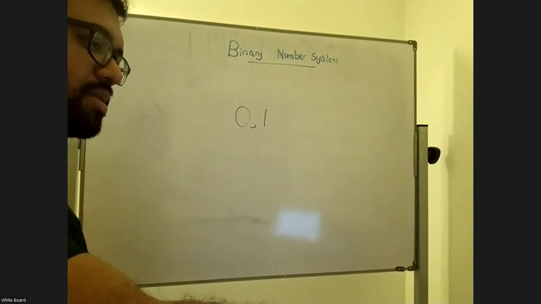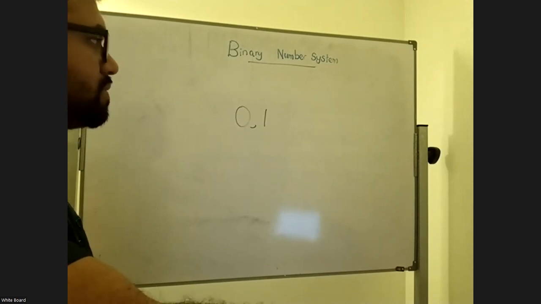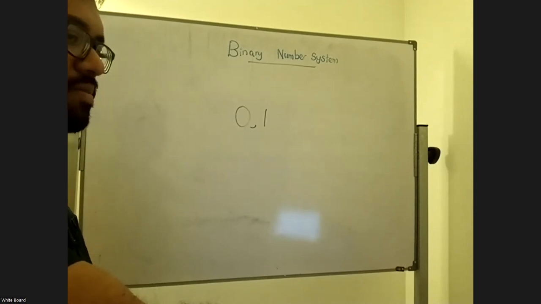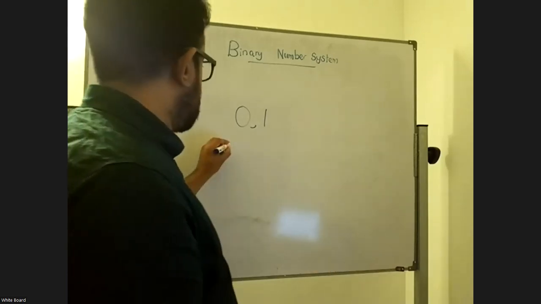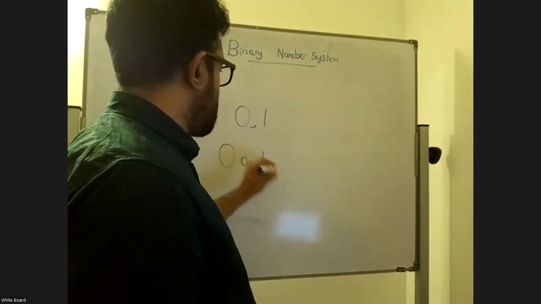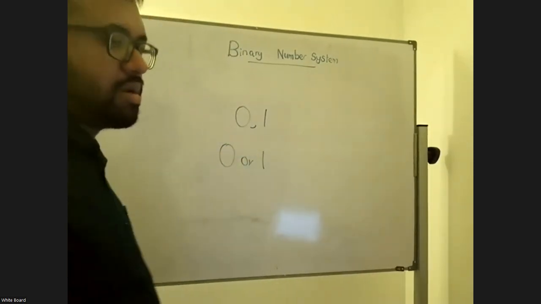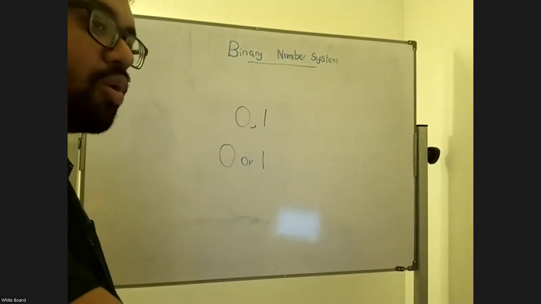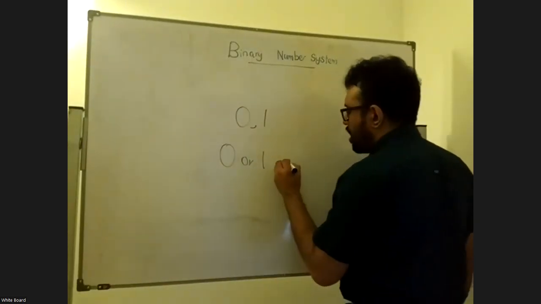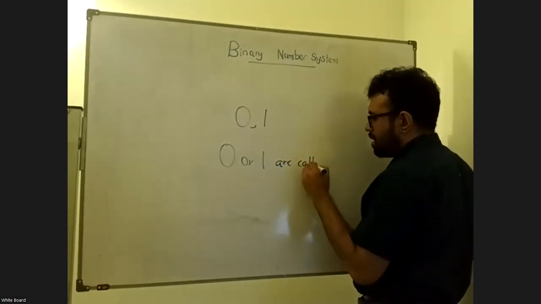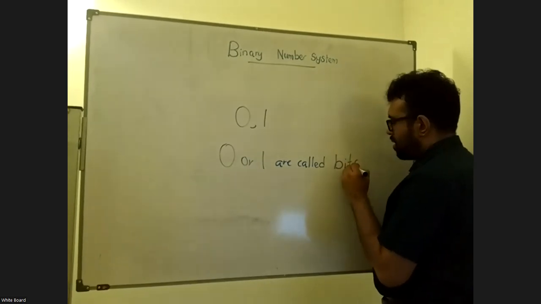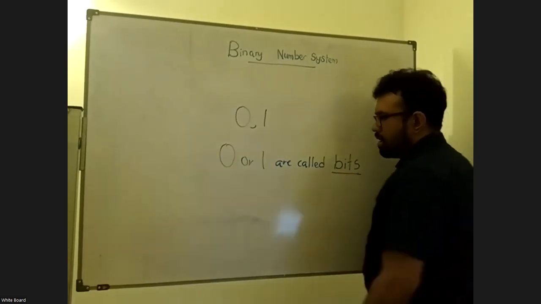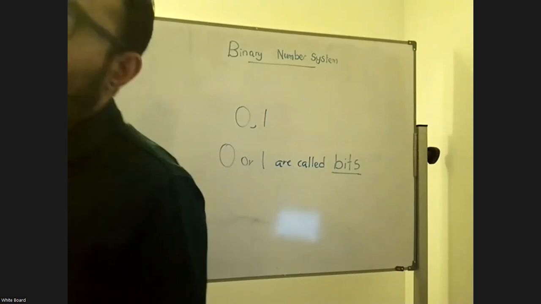Binary symbols, 0 or 1, are called bits. Underline this. Are called bits. BITS.